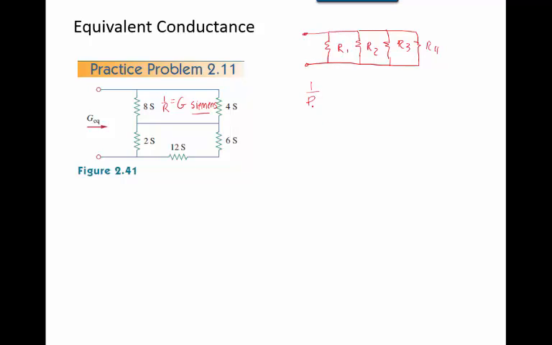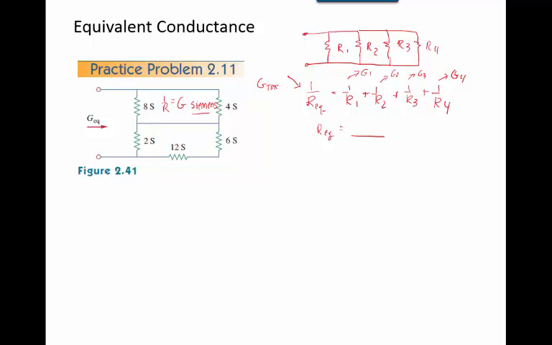You have to do this ugly equation, and do all of that and invert in the end, and you'll get whatever that total value is, right? So when it's all in parallel like that, what is this? This is conductance 1, conductance 2, conductance 3, conductance 4, and that is conductance total.